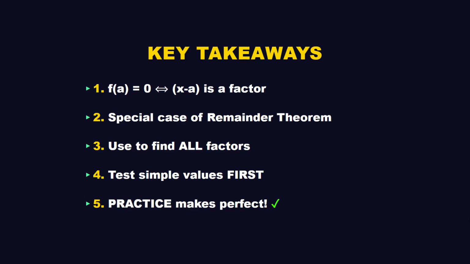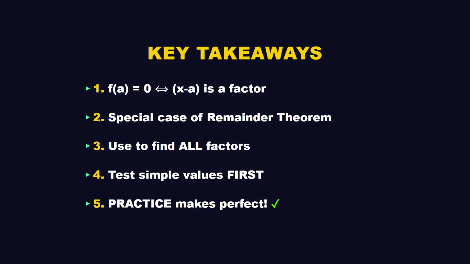Now there are some key takeaways. The factor theorem states that f of a equals 0 only if x minus a is a factor. Remember, it works both ways. The factor theorem is a special case of the remainder theorem when the remainder equals 0. Use the factor theorem to systematically find all the factors of a polynomial.